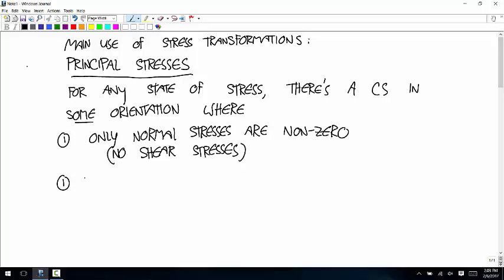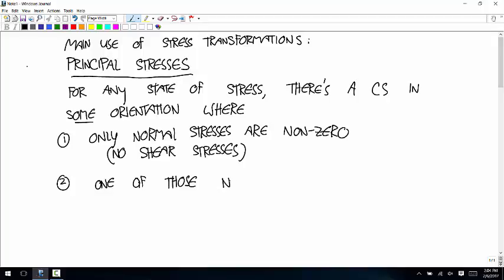So if you only have non-zero normal stresses, that means that in some coordinate system, the only non-zero elements are those 3 elements along the diagonal. So in this principal coordinate system, you have 3 stresses in your stress tensor.